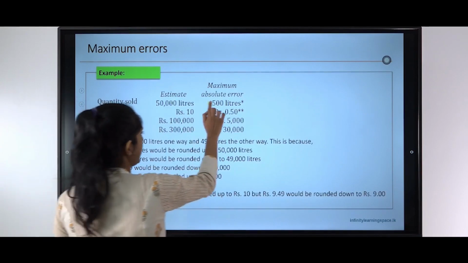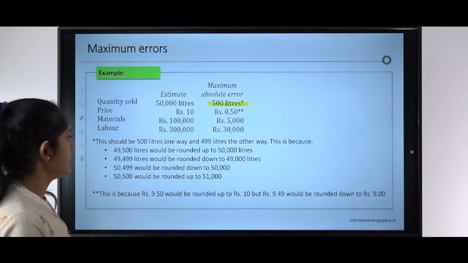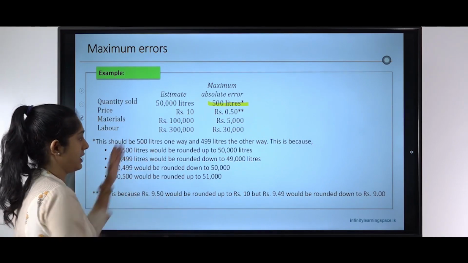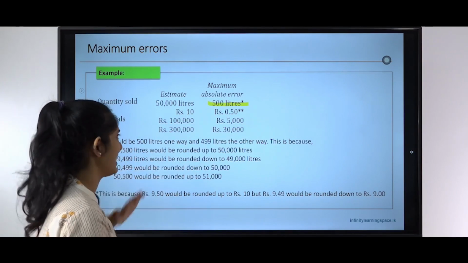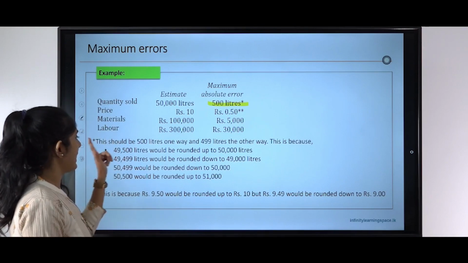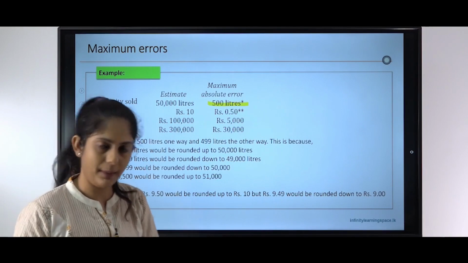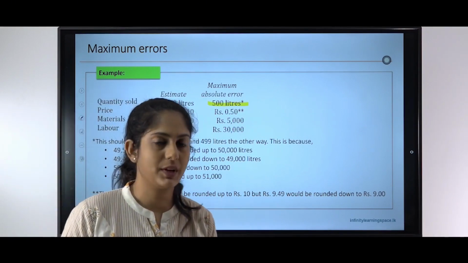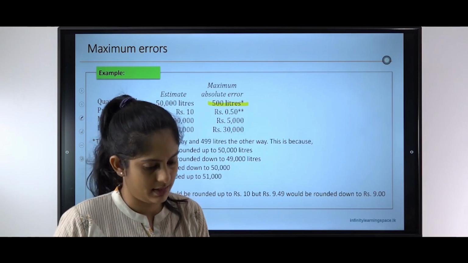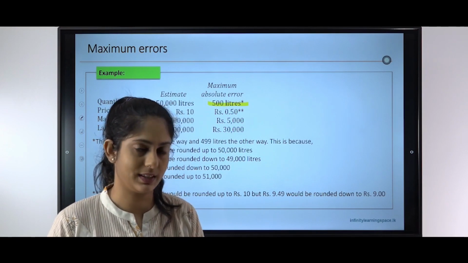So your maximum error is 500 liters. This should be 500 liters one way and 499 the other way, basically because if it was 50,500, you put it to 50,000, or 50,499 also will come to 50,000, right?